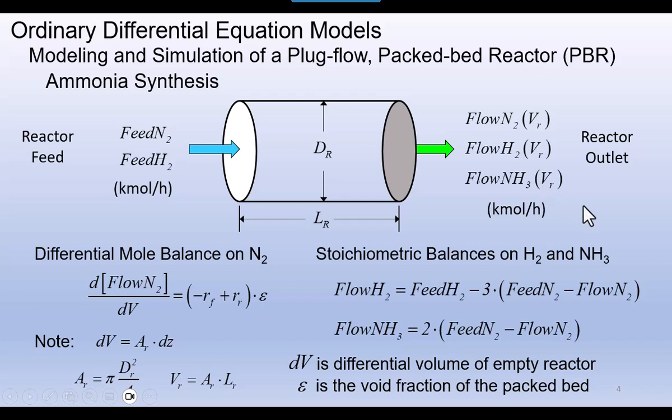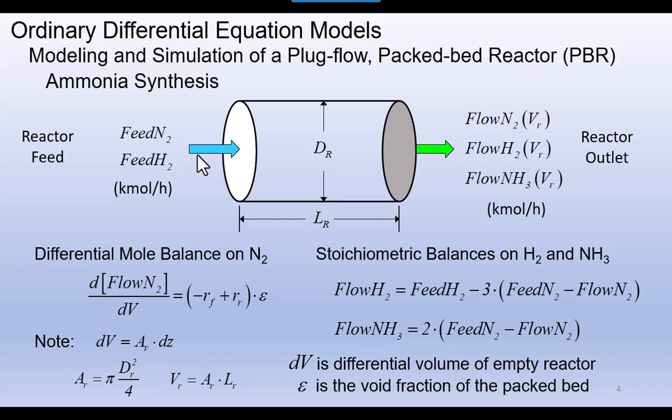And it's well known that the conversion obtainable with one pass through the reactor is on the order of 20%. So the actual process here requires separation of the ammonia from the remaining nitrogen and hydrogen and recycling of that back to the feed so that you can have multiple conversion passes.